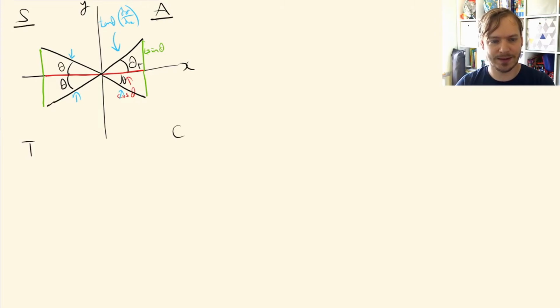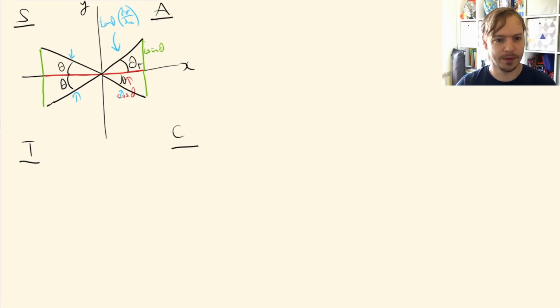In the S section, sine is positive, the green line, but the other two have flipped to negative. In the T section, tan is exactly the same, so it's positive, the blue gradient, but red cos and green sine are now negative. And in this section, cos is positive, the red line, but both tan and sine are negative. So in each section, we know exactly which one has stayed positive and the other ones which have flipped to negative.